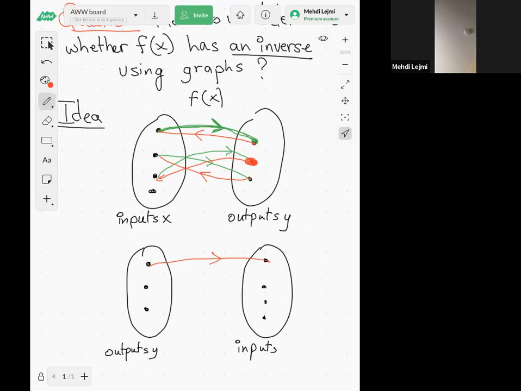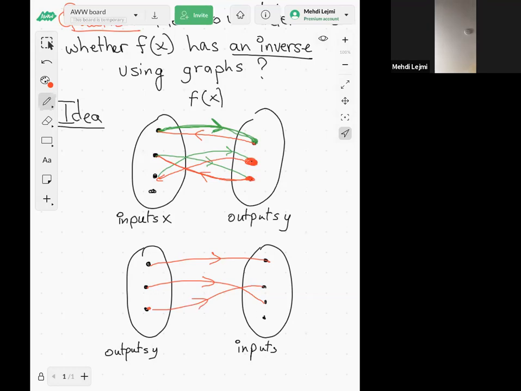The last point, when I reverse the arrow, goes to the second one. So the third one in the outputs Y goes to the second. Now, is this a function?